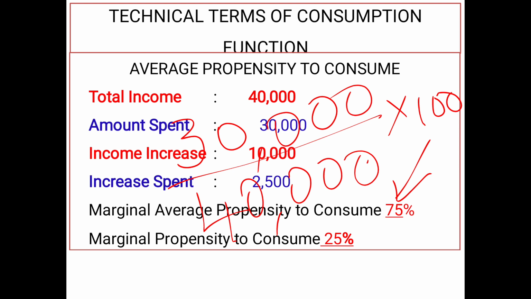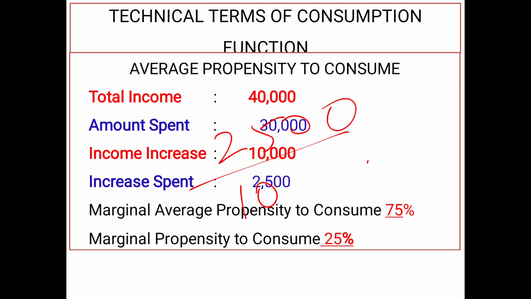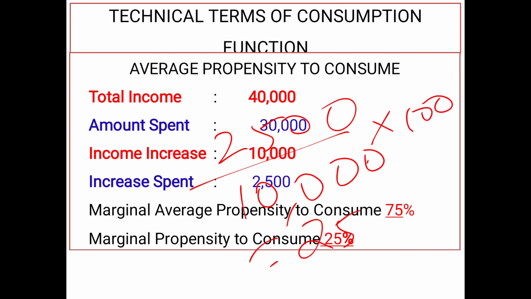Now when your income has increased, what happens here is, you have 2,500 divided by 10,000. This is going to be an increase. When you calculate this into 100, you will get 25%. This answer you will be getting.